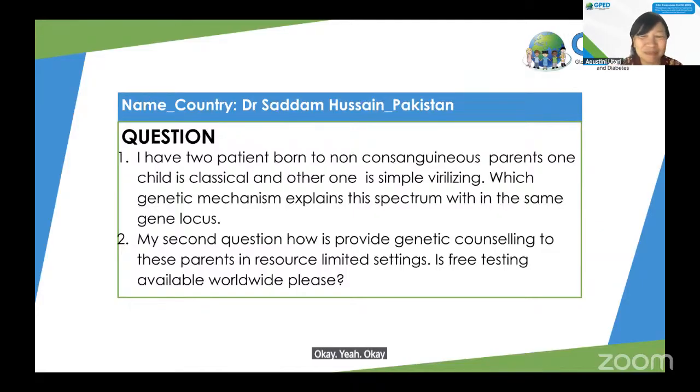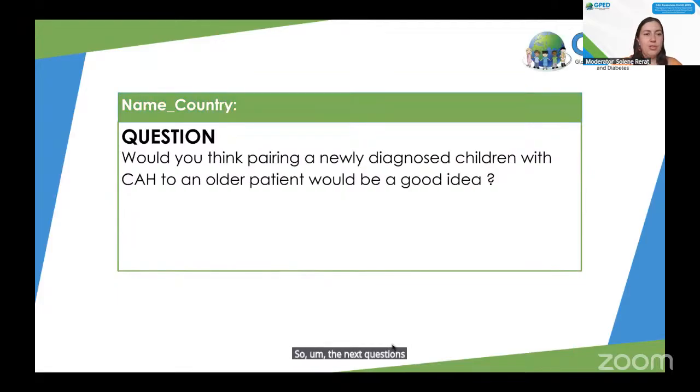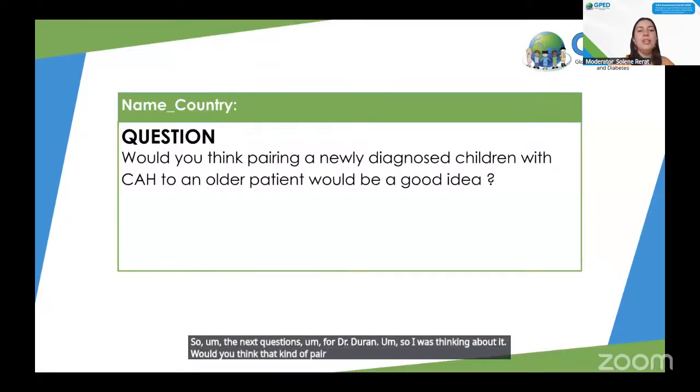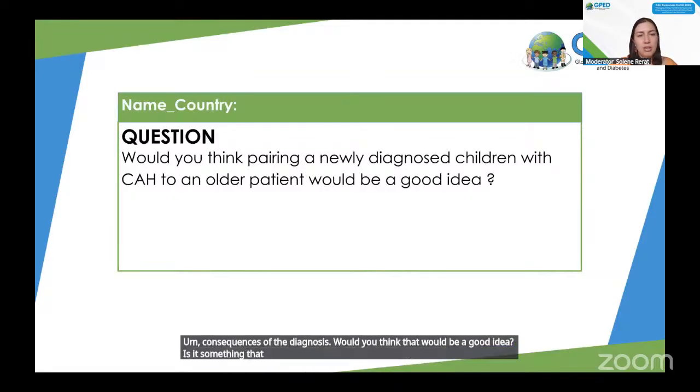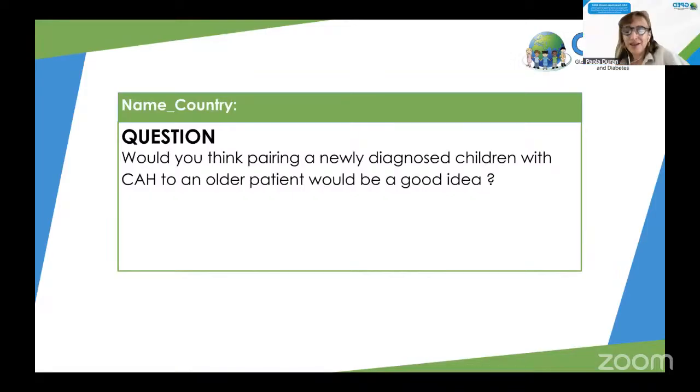Okay. So the next question is for Dr. Duran. So I was thinking about it. Would you think that pairing newly diagnosed kids with CAH to an older family who has already been through this whole process of the psychological consequences of the diagnosis would be a good idea? Is it something that you've done in your country? Yes, thank you for that question.